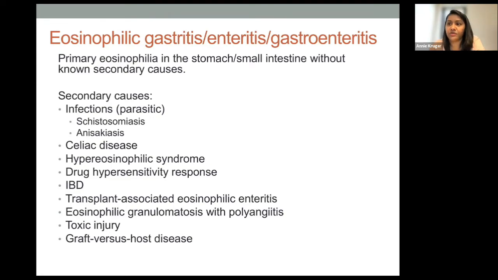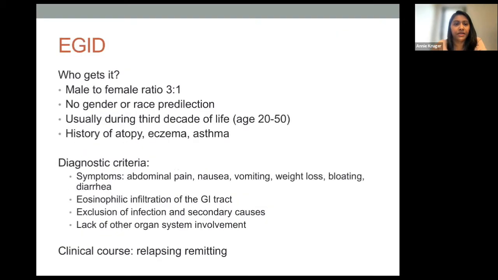Celiac disease can also present with eosinophils in the stomach. Hypereosinophilic syndrome can, drug hypersensitivity, certain kinds of IBD, and then a few others and graft versus host disease as well. But once you've decided it's probably not one of these things, it might be a primary eosinophilic gastritis, then this is what you need to know about it.